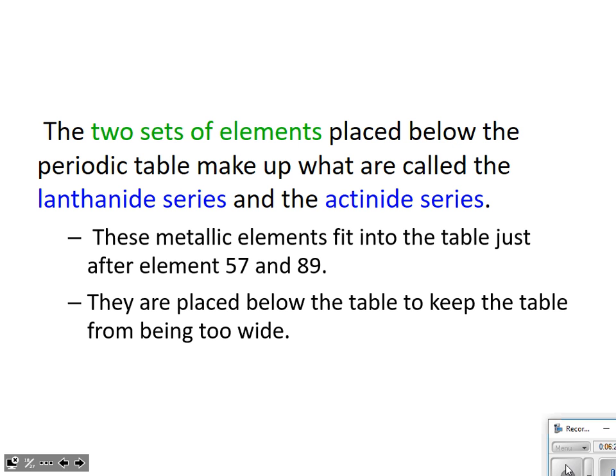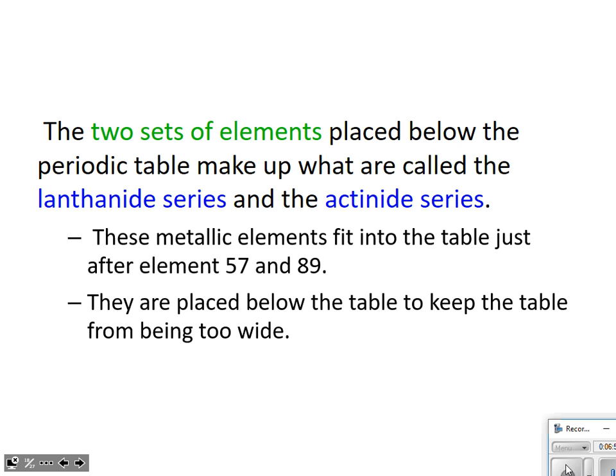The two sets of elements placed below the periodic table make up what we call the lanthanide and actinide series. These metallic elements fit just after element 57 and element 89.